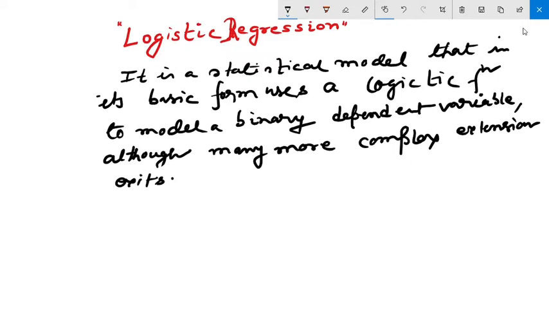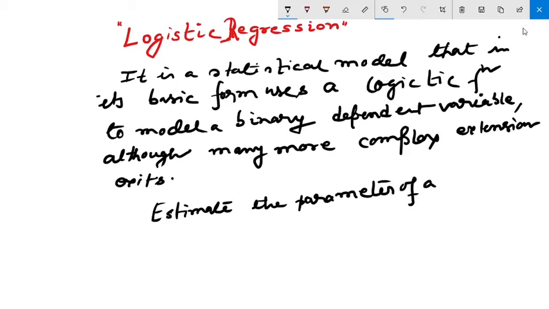So in regression analysis, logistic regression estimates the parameter of a logistic model.